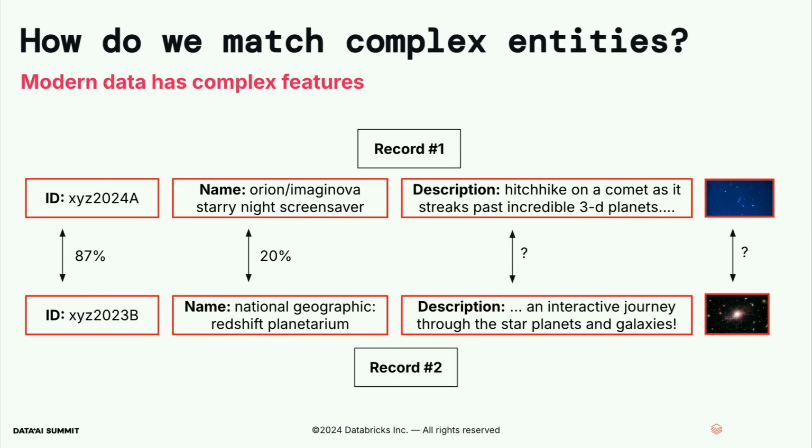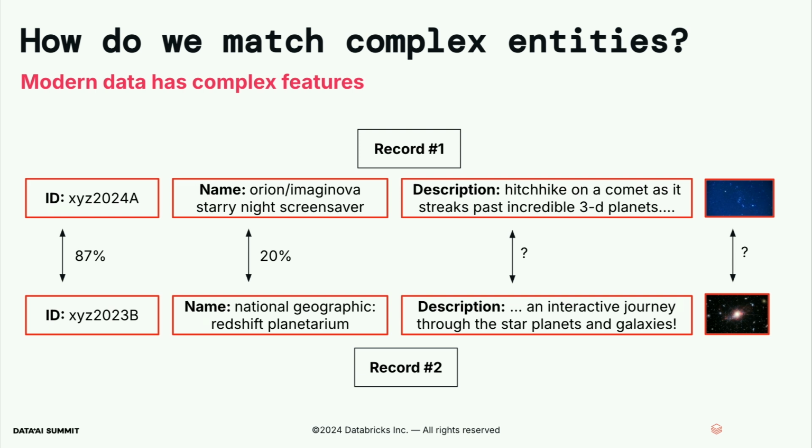Let's switch to a slightly more modern example where the types of data have changed. We have the same kinds of attributes as before. We are trying to match between two entities, but now besides the simpler attributes like ID, we have names which are more complex. We have descriptions which can run into long paragraphs, and we might as well have images.